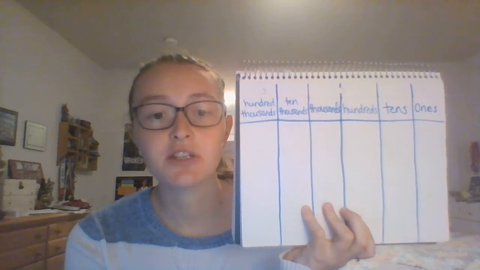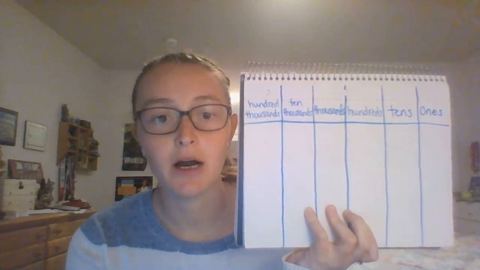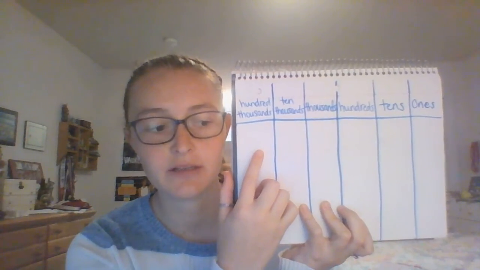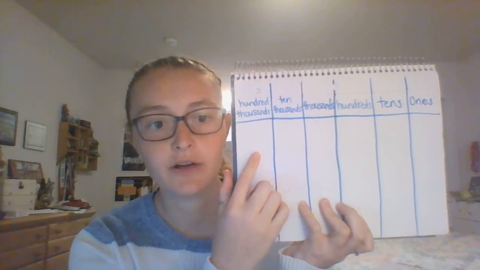If we want the largest number possible, our highest digit has to go in the largest place value. So our largest place is the 100,000s place. And out of our digits, let me write them down here.